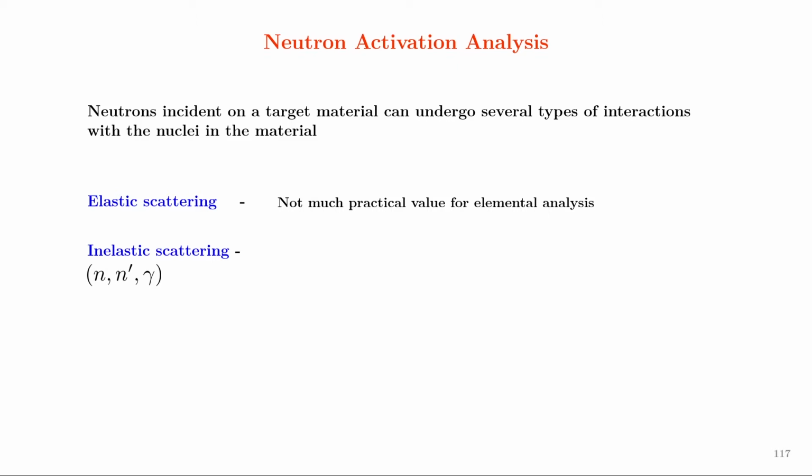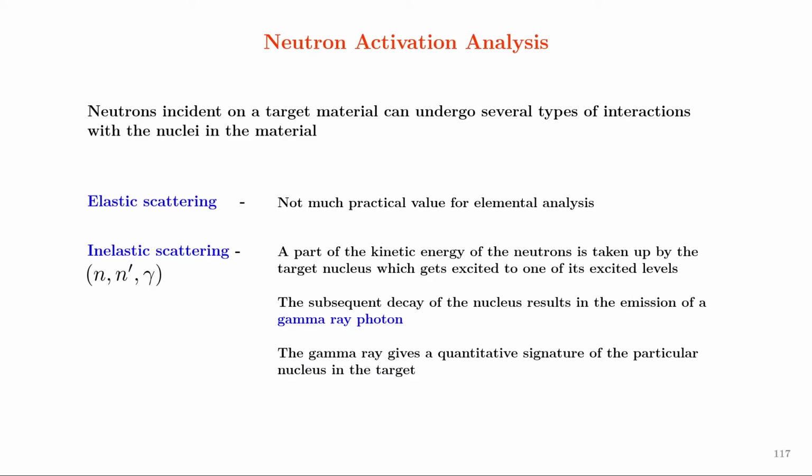In inelastic scattering, also referred to as the N-gamma reactions, a part of the kinetic energy of the neutrons is taken up by the target nucleus, which gets excited to one of its excited levels. The subsequent decay of the nucleus results in the emission of a gamma ray photon. The gamma ray gives a quantitative signature of the particular nucleus of the target.